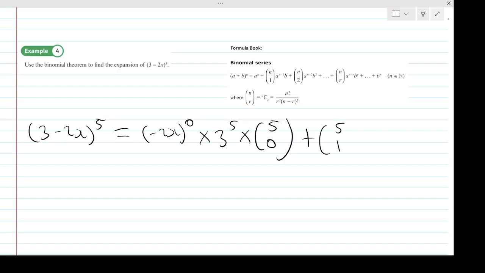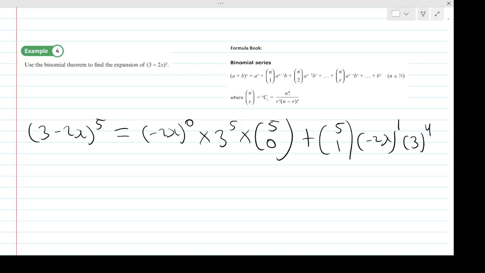And then the x part will be minus 2x, remember, not x, it's minus 2x here, to a power of 1. So it's going up in powers by 1. And then the corresponding 3 would have a power of 4, since 1 plus 4 is 5.